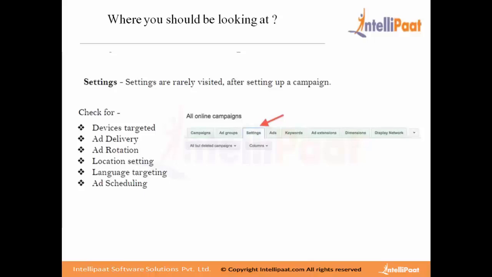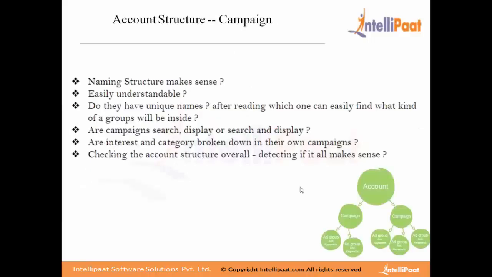All right, so after looking into that, the next thing one needs to look at while doing a PPC account audit is the account structure. If you can see over here on the bottom right-hand side, you have the overall structure in a short snippet, in a short image.